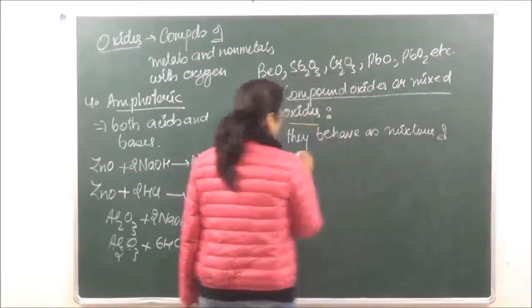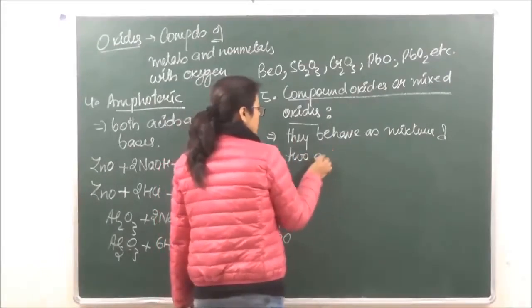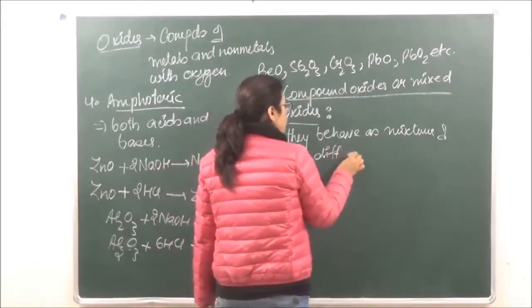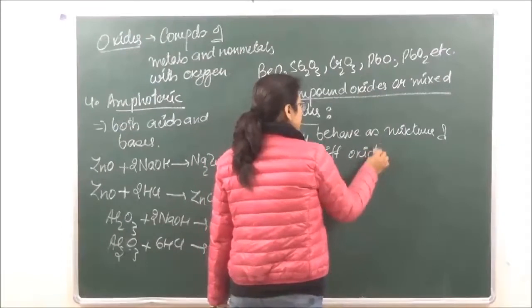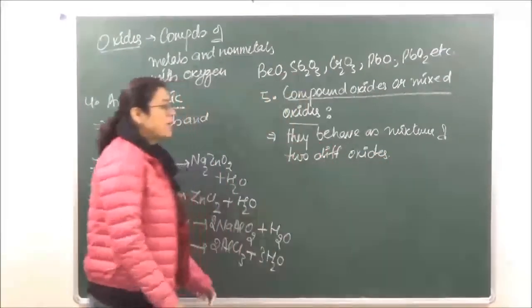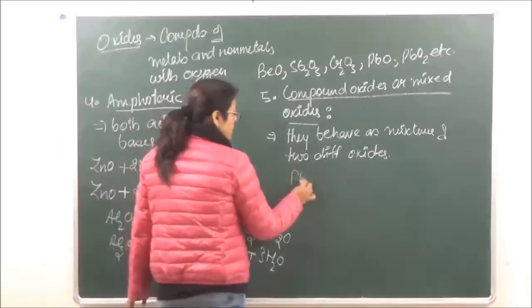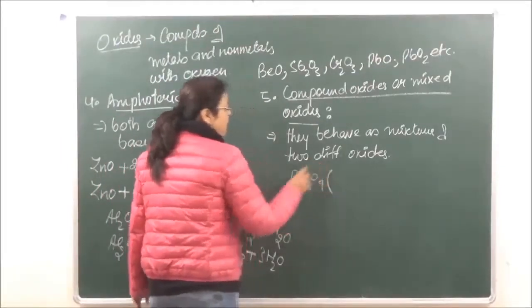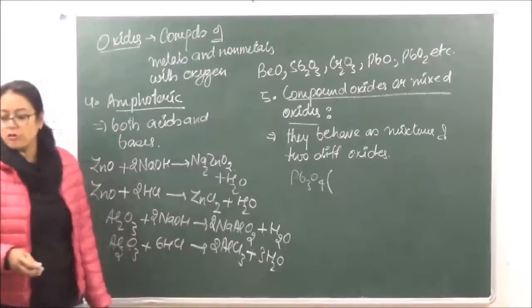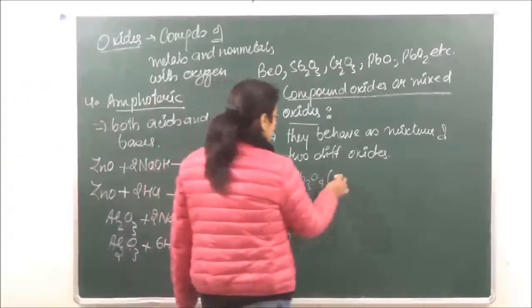For example, if we are taking Pb3O4, that is going to be a mixture of PbO and PbO2.